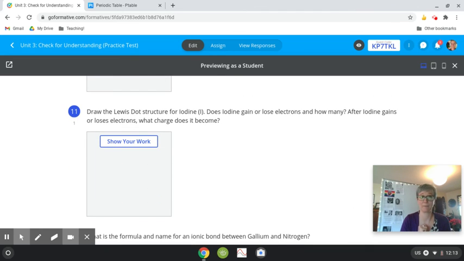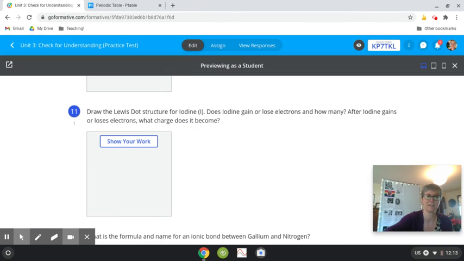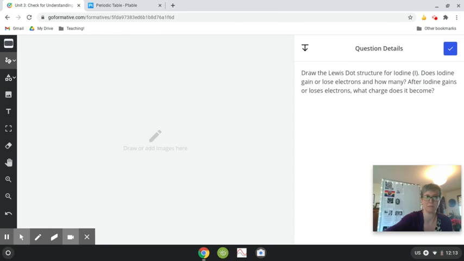Question 11, draw the Lewis dot structure for iodine. Does iodine gain or lose electrons, and how many? After iodine gains or loses electrons, what charge does it become? So here we've got iodine. Iodine has 7. So I would draw I. You can do it like this, but I prefer to do like a real uppercase I. And then we've got 7 valence electrons.